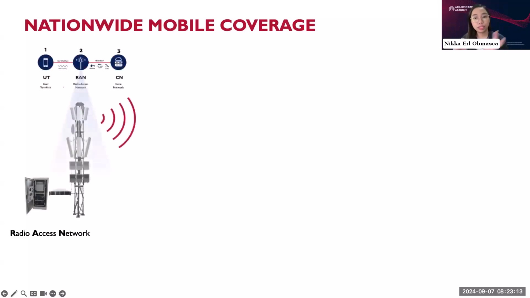Okay, so let's break it down. Just like what I've said, the RAN is strategically placed to provide wireless coverage to users like us within a specific geographic area. So the planning and designing of these RAN components, such as the cell sites, is very critical so that the engineers and designers thoroughly plan where to locate these RANs so that we, the users, have reliable, more consistent access to the network services that the network operators provide.